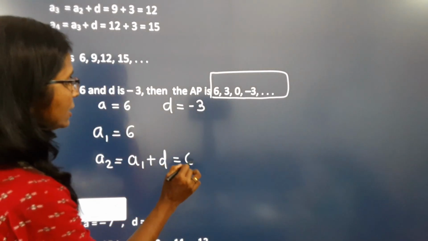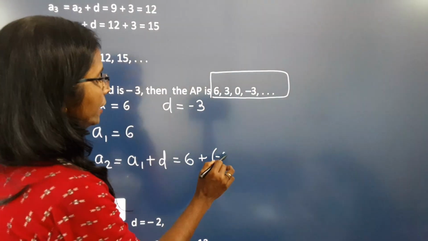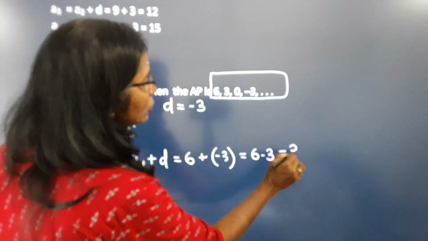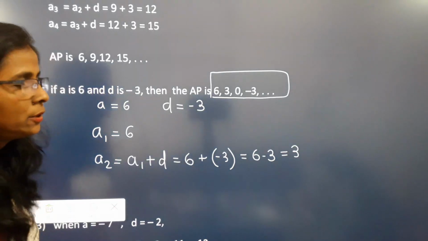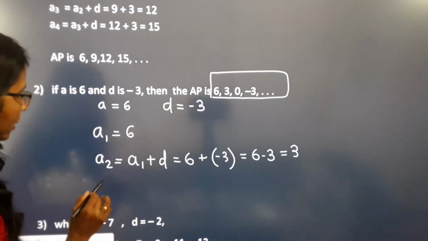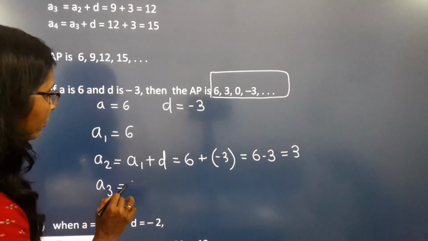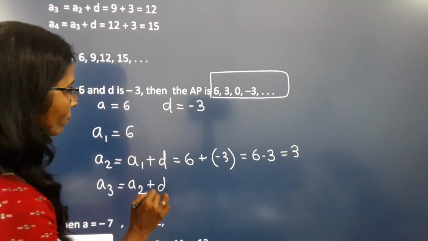So here a1 is 6 plus d is minus 3, so 6 minus 3 is equal to 3. So we get the second term as 3. Then the third term a3 is equal to a2 plus d.